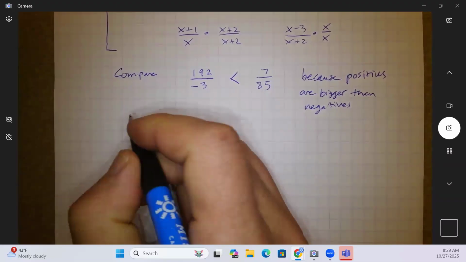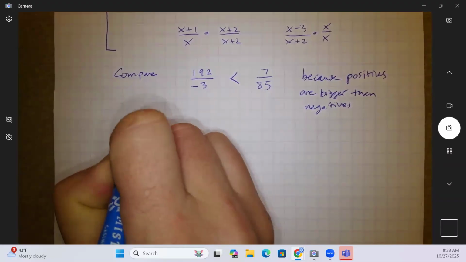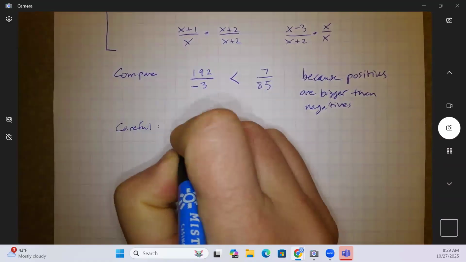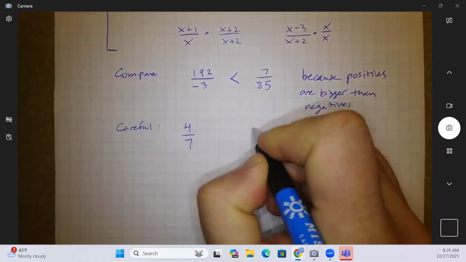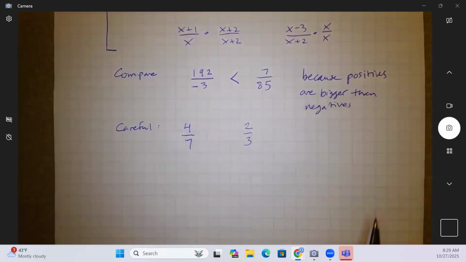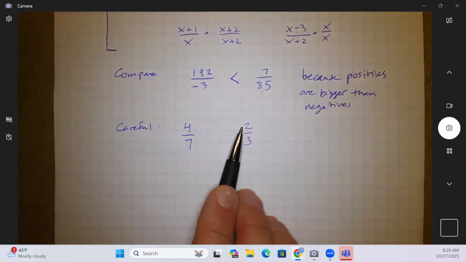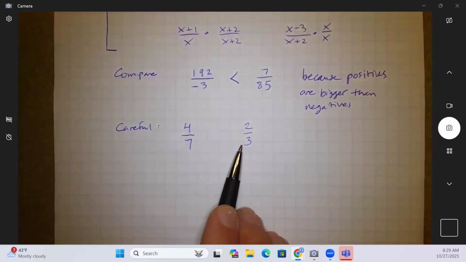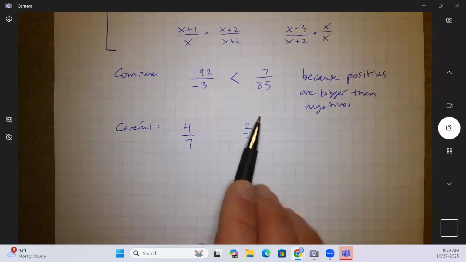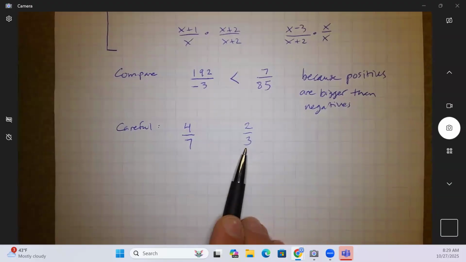And the last thing I'll say in this section is to be careful. If I compare 4 over 7 to 2 over 3, 4 is bigger than 2, and 7 is bigger than 3. But that does not mean that 4 over 7 is bigger than 2 over 3.